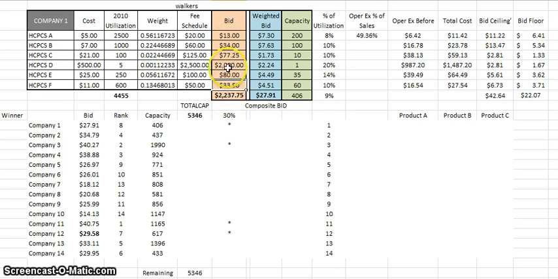And now we add up all of these numbers, and we're going to come up with a total number of $2,237.75. And this number is what's going to be used to be compared against the competitors to see if my number is lower than theirs. And if this number is lower than the competitors, then I'll win.